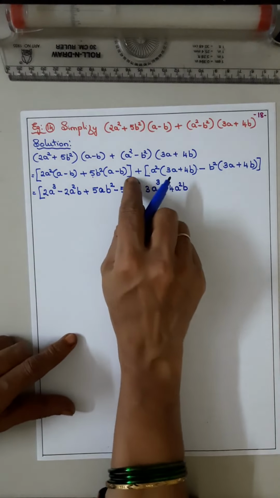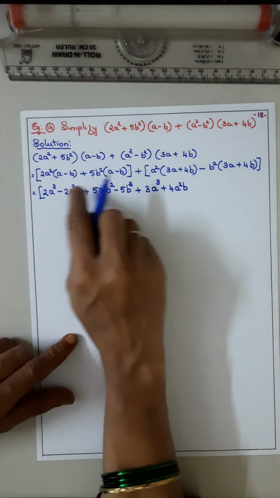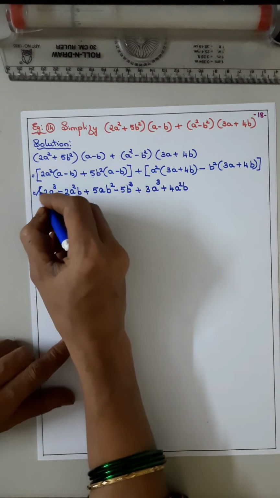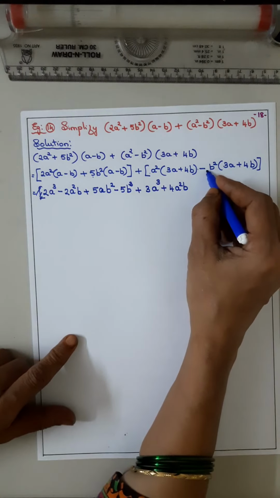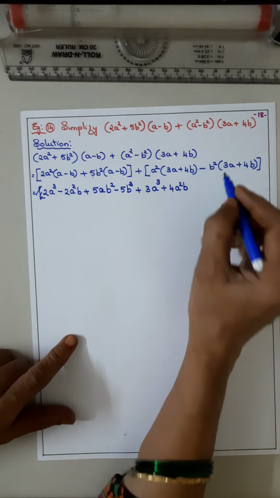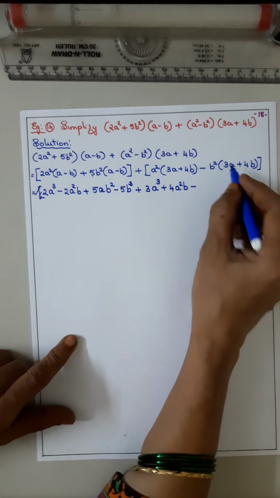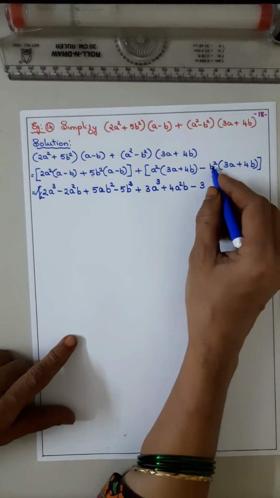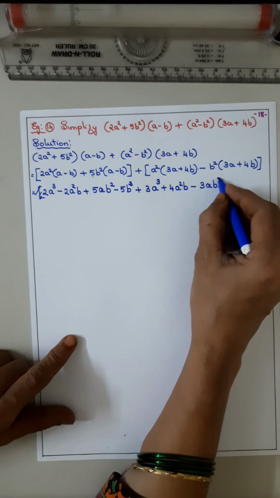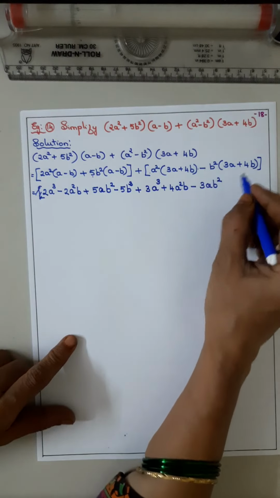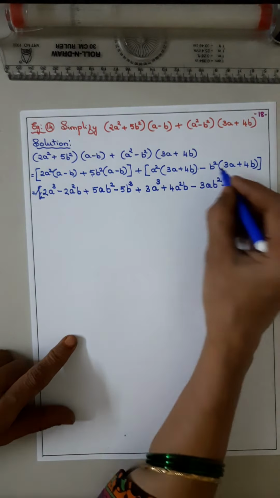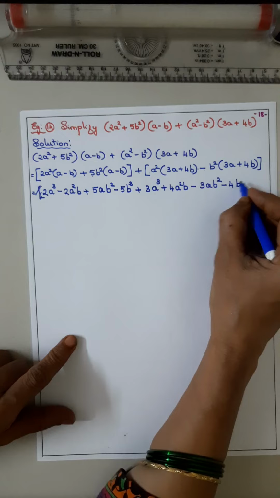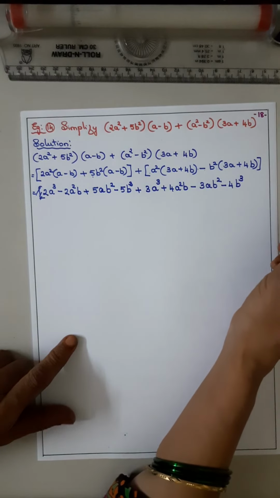Now because here is plus, you can directly open the bracket, no need of putting the bracket again. Okay, now minus 1 3s are 3, a and b squared. Now minus of plus minus, 1 4s are 4, b squared b is b cube.